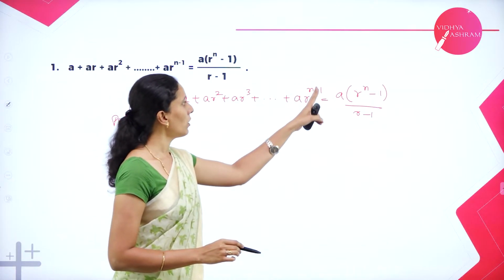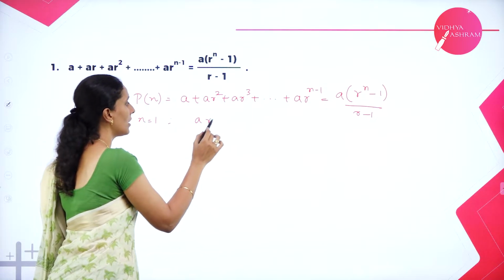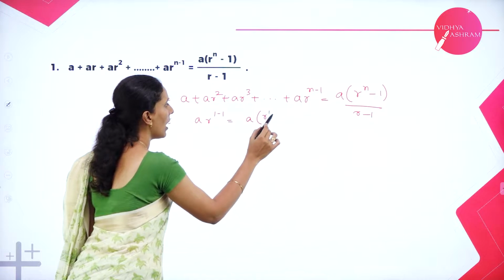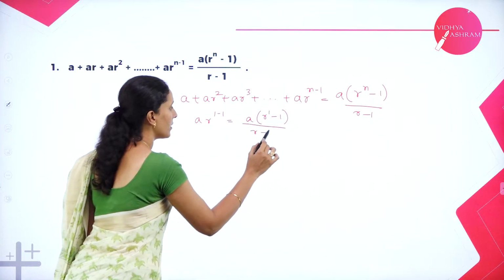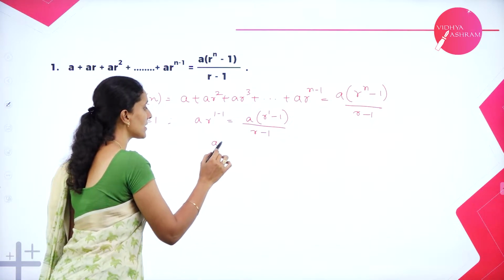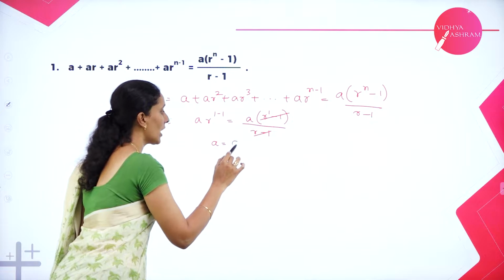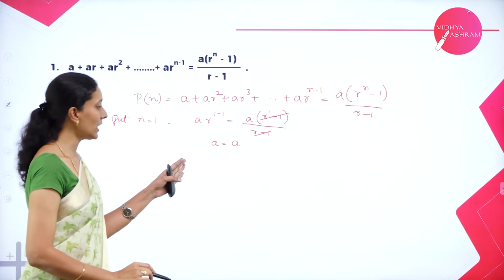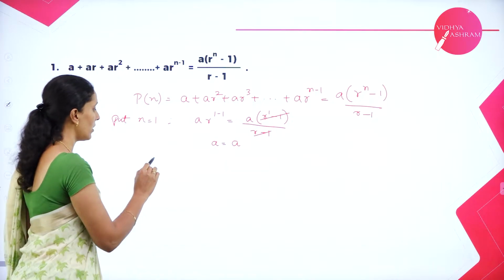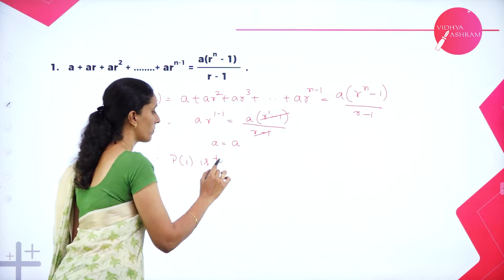If you put n is equal to 1 here, on the left it is a into r to the power 1 minus 1, and on the right side it is a into (r^n minus 1) over (r minus 1). 1 minus 1 is 0, so the coefficient here you get as a. Here r minus 1 gets cancelled. We will get the coefficient a. So clearly the left hand side and the right hand side are equal to a. So therefore we can conclude p of 1 is true.